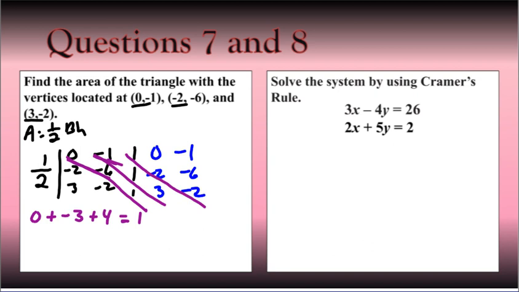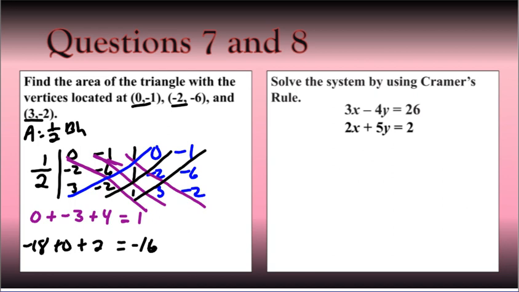And then the other direction, we're going to go 3 times 6 times 1 gives us 18, negative 18. Negative 2 times 1 times 0 is 0. And then 1 times negative 2 times negative 1 is a positive 2, which will give us a negative 16. Now I have to take the going up first, so negative 16, minus the diagonal going down, so minus a 1, which will give us an answer of negative 17.